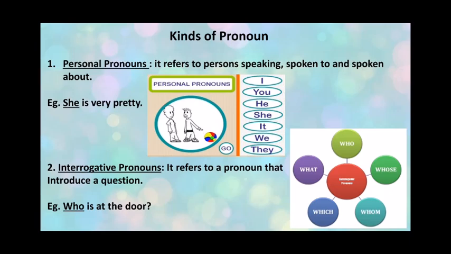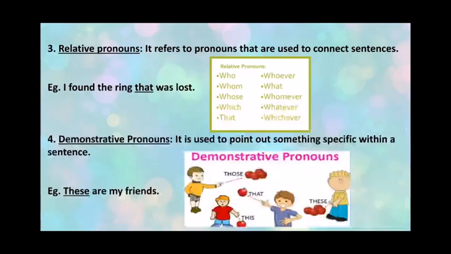Third one is the relative pronouns. This refers to pronouns that are used to connect sentences. There are certain words that are relative pronouns like who, whom, whose, which, that, whoever, what, whomever, whatever, and whichever.